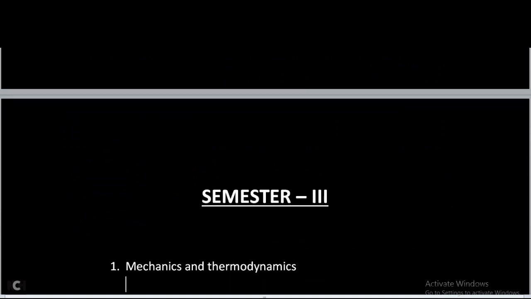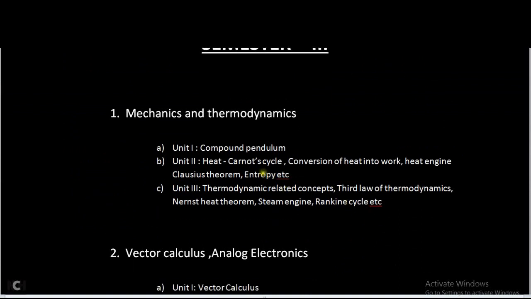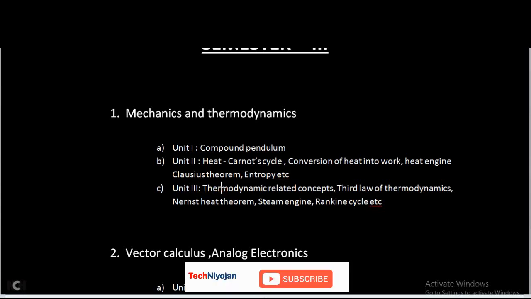Then come to semester 3, mechanics and thermodynamics. In unit 1, compound pendulum and all, I have only jotted down some specific parts, and you have much more; we go deep into the compound pendulum. Then the second unit is heat: Carnot cycle, conversion of heat into work, heat engine, Clausius theorem, entropy and all, etc. Then in unit 3 also thermodynamic related concepts, third law of thermodynamics, Nernst heat theorem and all.